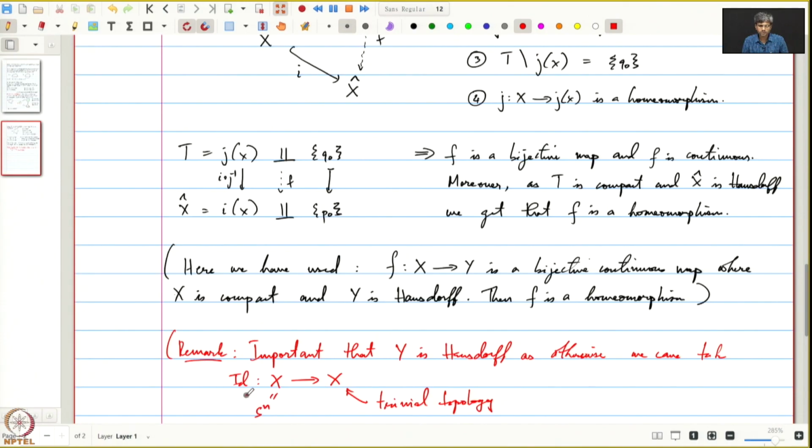Here we give X the usual topology, and there we give X the trivial topology. The identity map is obviously continuous because the target has the trivial topology. But obviously this map is not a homeomorphism, even though X is compact.